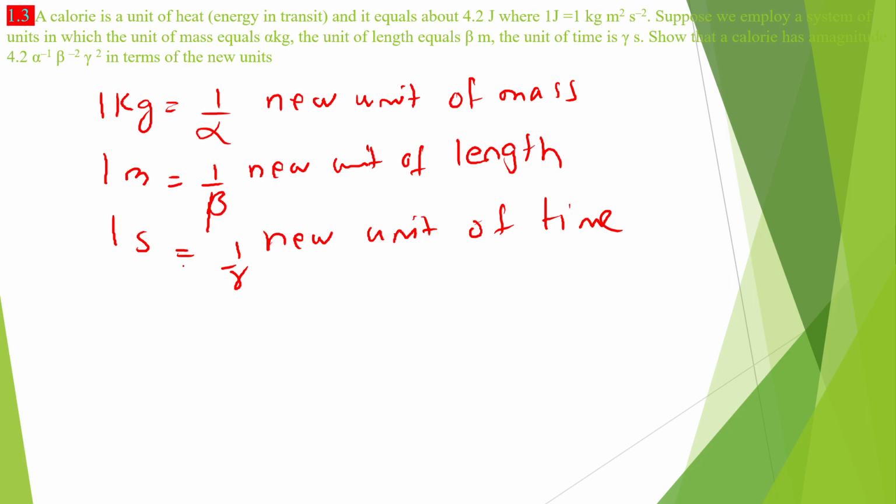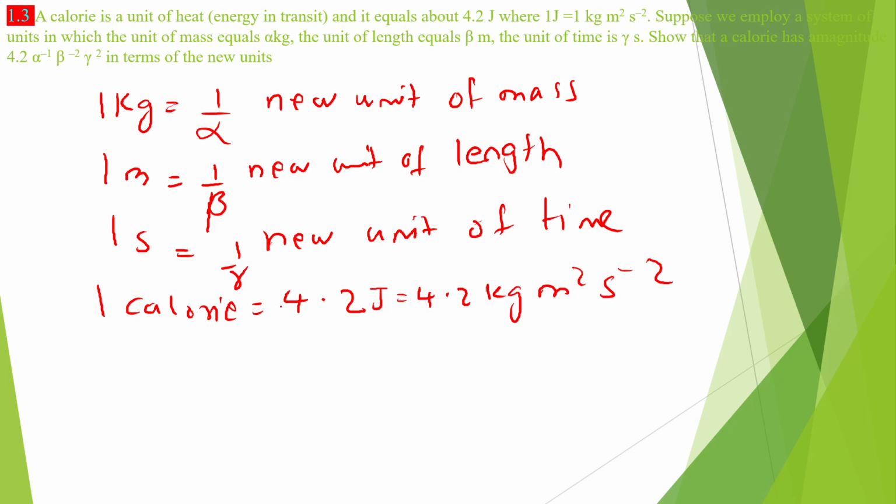Alright, so you know that 1 calorie is equal to 4.2 joule, where 1 joule is equal to 1 kilogram meter square second raised to minus 2.